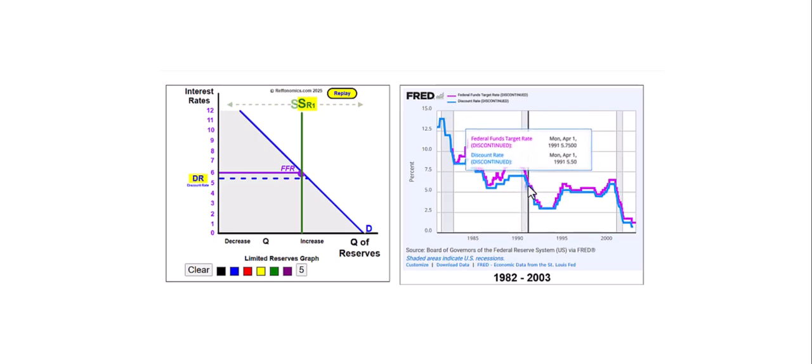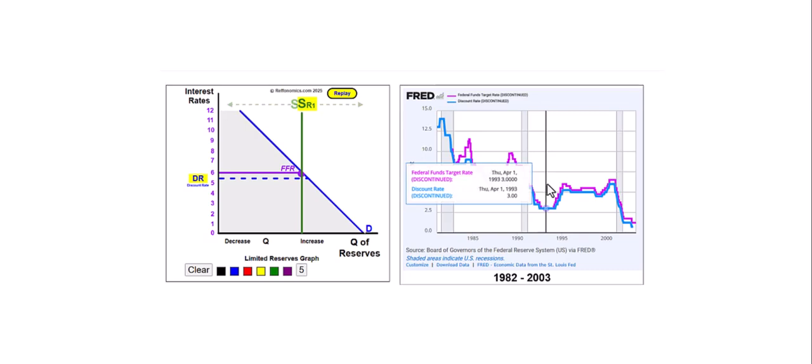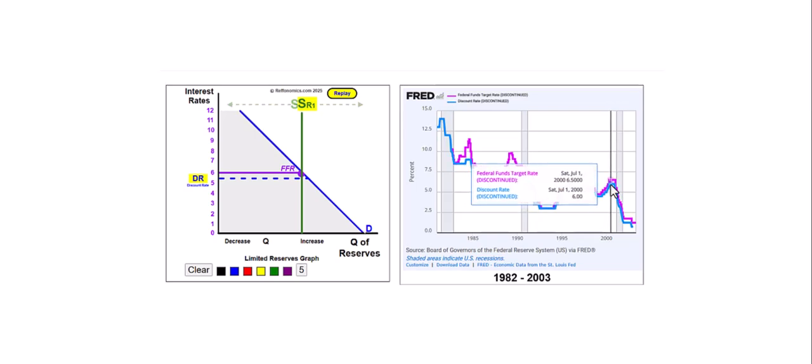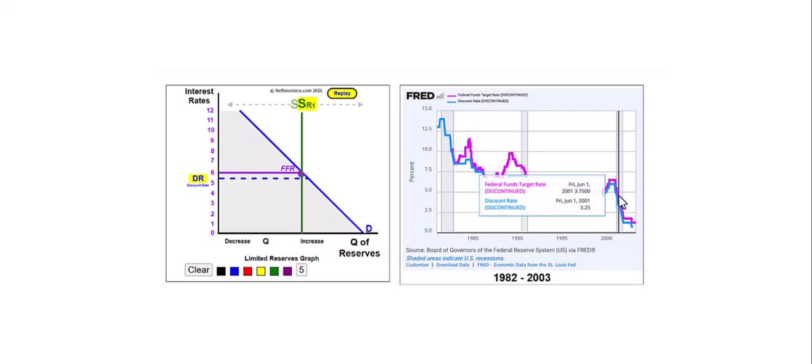This continued then. Notice that the federal funds target rate equaled or lied above the discount rate throughout this whole period of time of the 90s, all the way into 2000. And do you notice how that spread between the federal funds target rate, which sat above the discount rate, got a lot closer than during the 1980s?